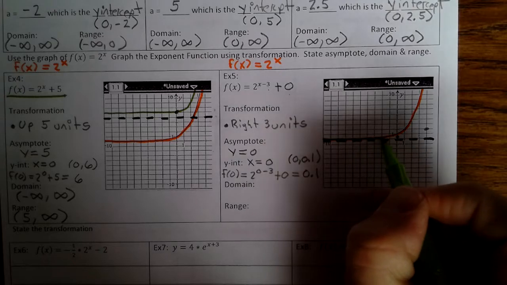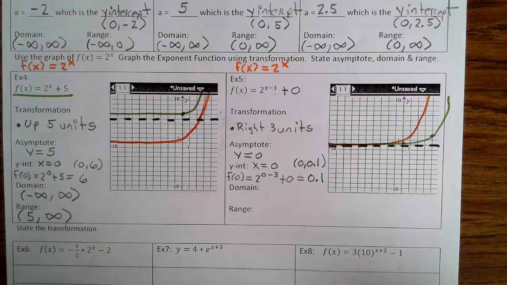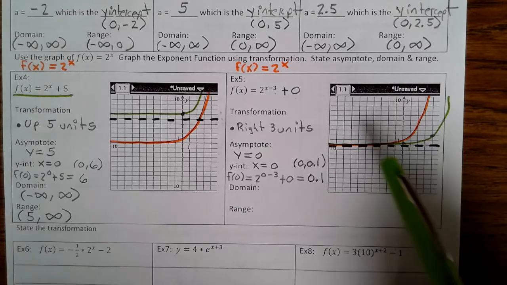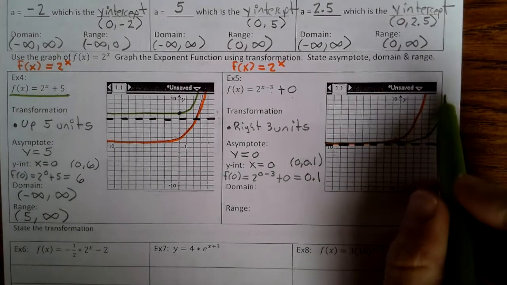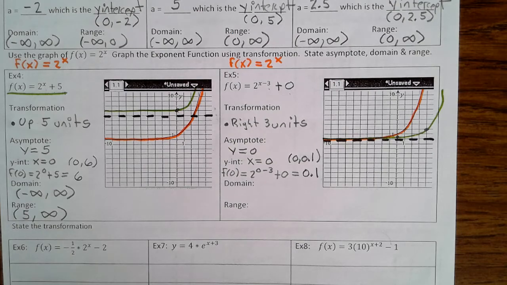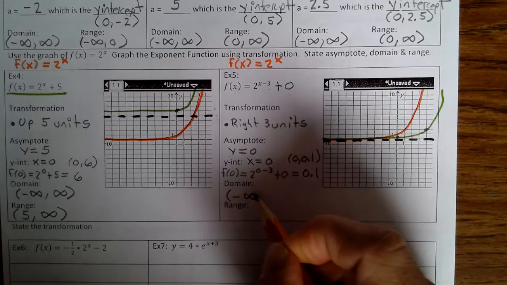Neither of these lines touch the asymptote, but because the graph is so hard to have zoomed in that close, we just kind of have to approximate a graph there, okay? Now domain we know is from negative infinity to positive infinity, okay? And the range would be from 0 to infinity.